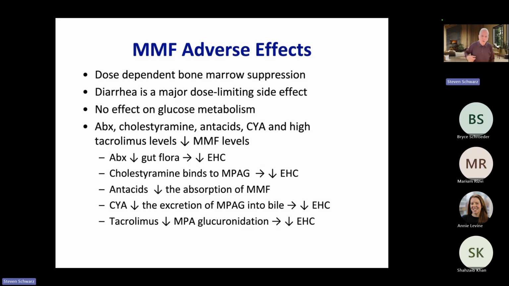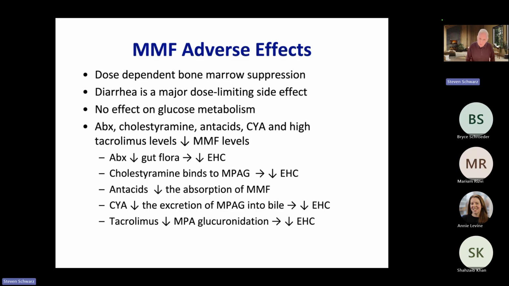It also has adverse effects, not surprisingly, bone marrow suppression. Diarrhea is a problem with MMF and is a major dose-limiting side effect. Unlike the calcineurin inhibitors, it has no effect on glucose metabolism. A variety of agents that affect the enterohepatic circulation, cholestyramine and antacids, are going to reduce MMF levels.